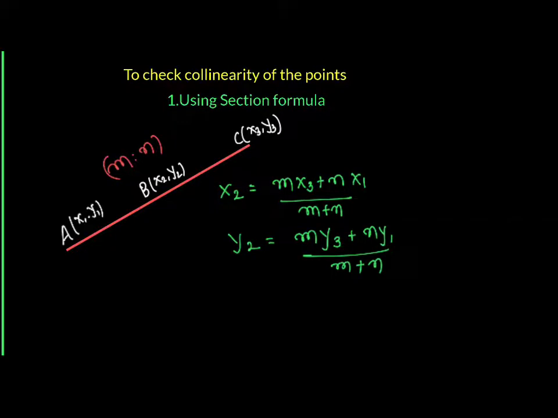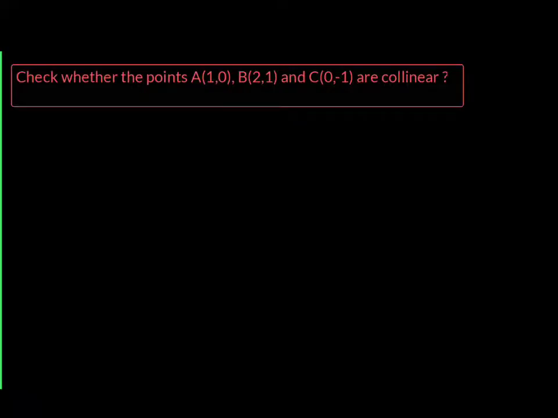Now we have a question: we have to check whether the points A, B and C are collinear or not. I assign the points: A is (1, 0), B is (2, 1) and C is (0, -1).